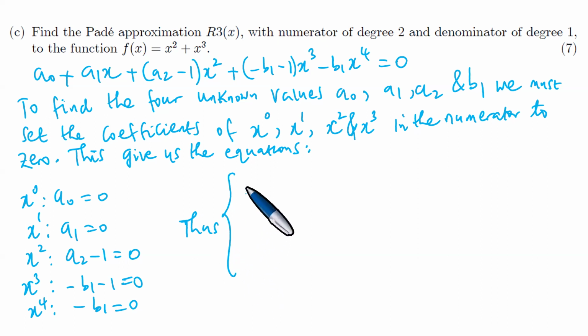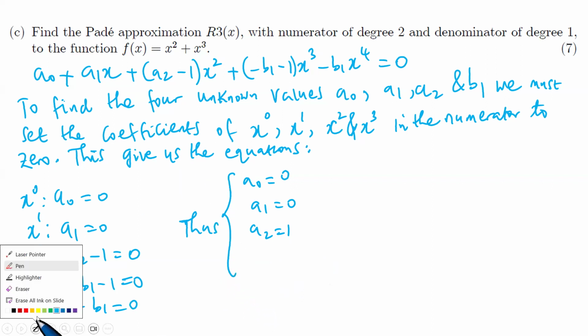Thank you so much. Right, so thus it would therefore mean that a0 is 0 from this. From the second equation, it means that a1 is 0. And then from this one, we can see that a2 is 1. Because it's R3, then you stop here.